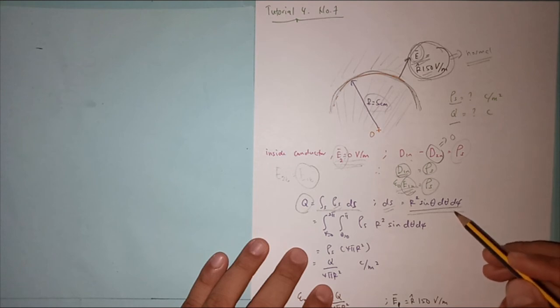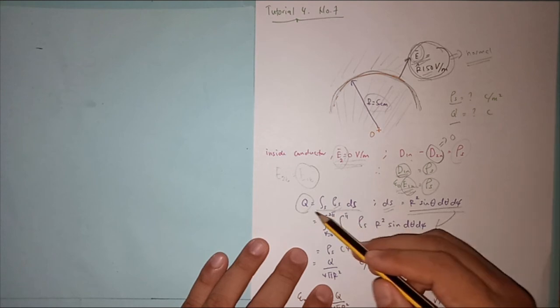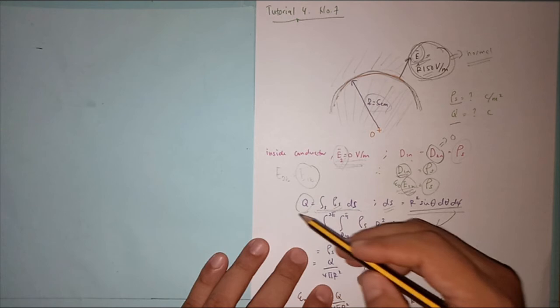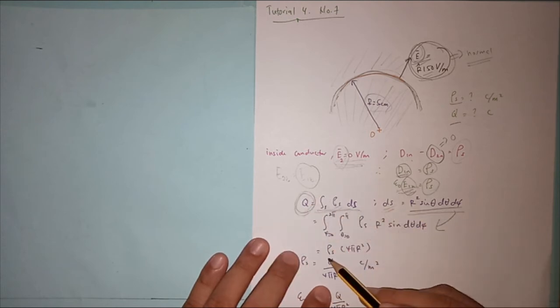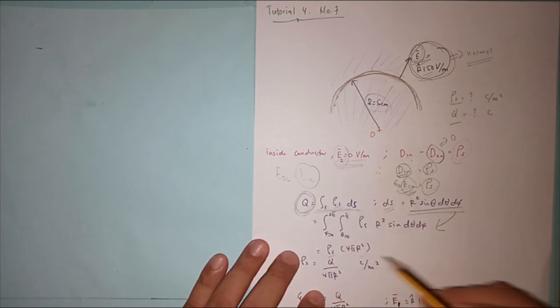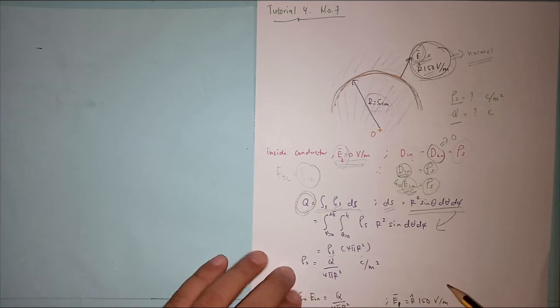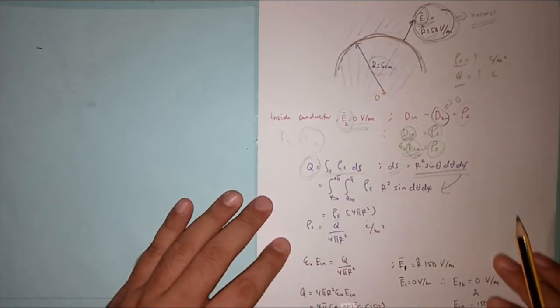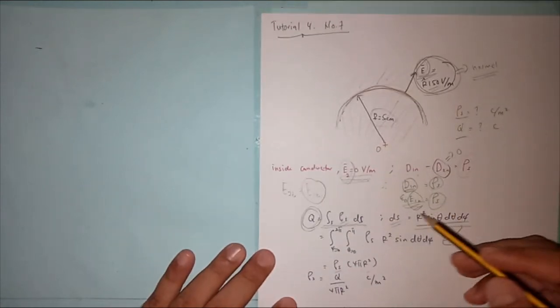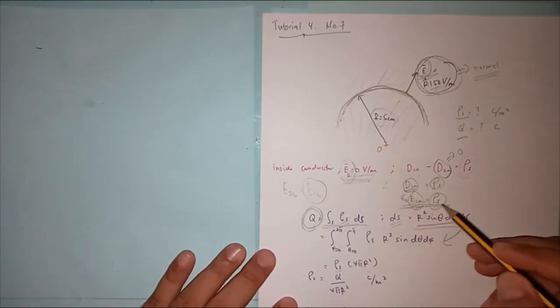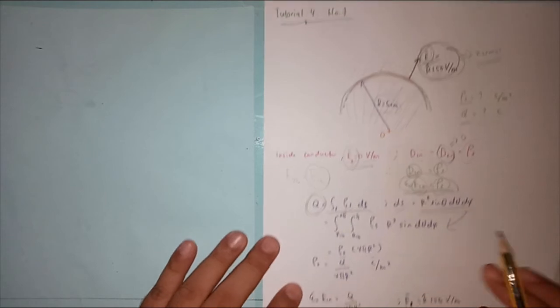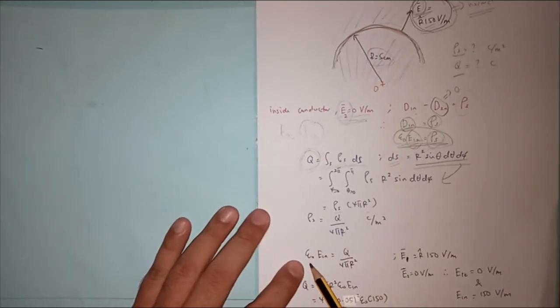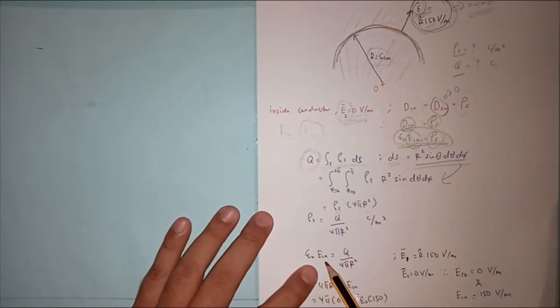Putting all together inside this expression, the solution for Q is equal to rho s times 4 pi r squared. Now we can rewrite this formula in terms of epsilon naught E1n.